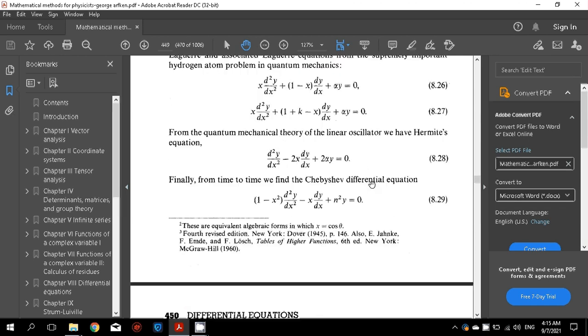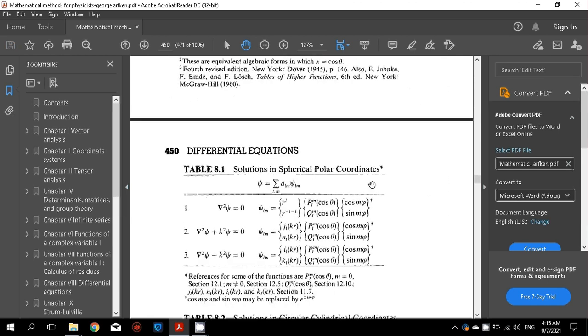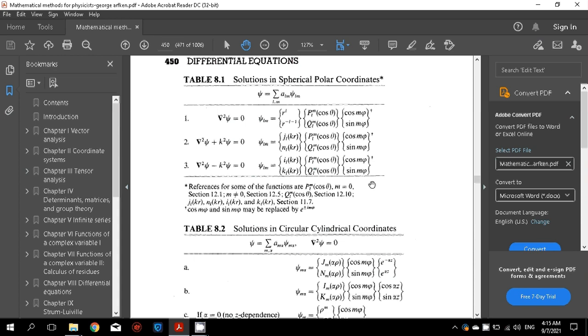Okay, so in this section we have converted our partial differential equation into a set of three ordinary differential equations, whether you are using Cartesian coordinates or polar coordinates or cylindrical coordinates.